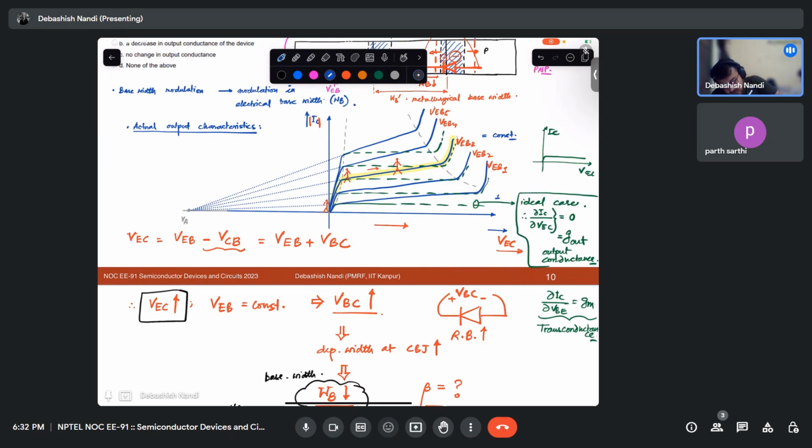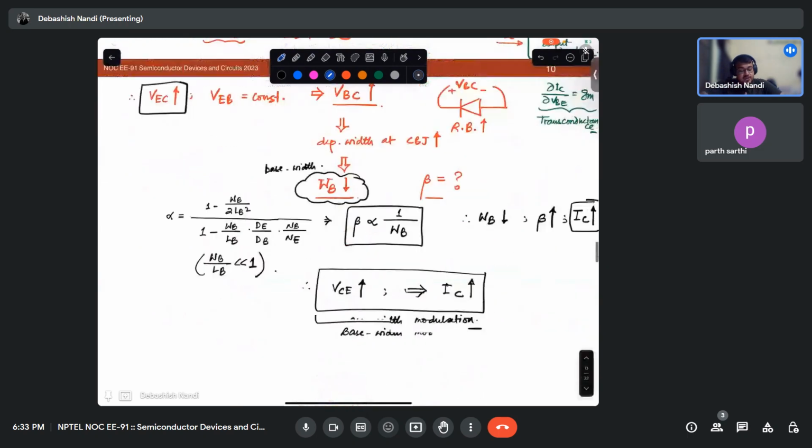But what about this blue case, the non-ideal case? Do you see that your DIC by DVEC is non-zero? There is a line, right? If the slope is not zero, that means your output conductance is not zero.